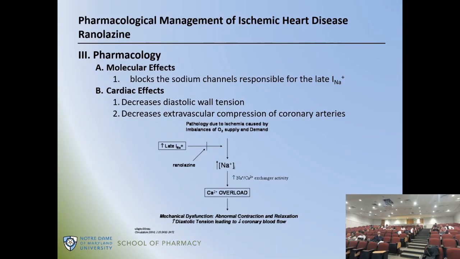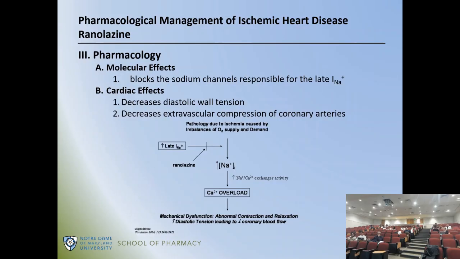Reducing cardiac muscle wall tension during diastole or relaxation, which will open up those coronary arteries, okay, and allow for better blood flow. So when we talk about ranolazine at a very high level, it reduces cardiac work, right? By just essentially allowing your heart to relax a little bit, right? Removing that tension and mechanical dysfunction, okay?